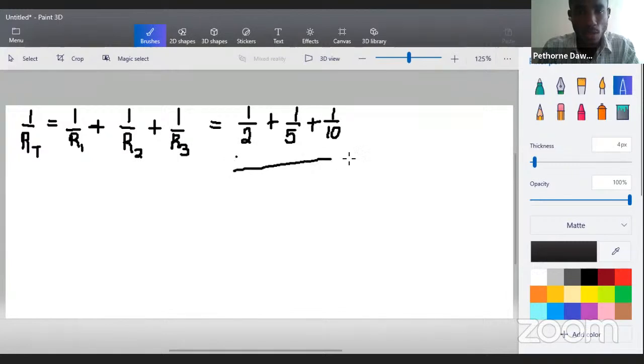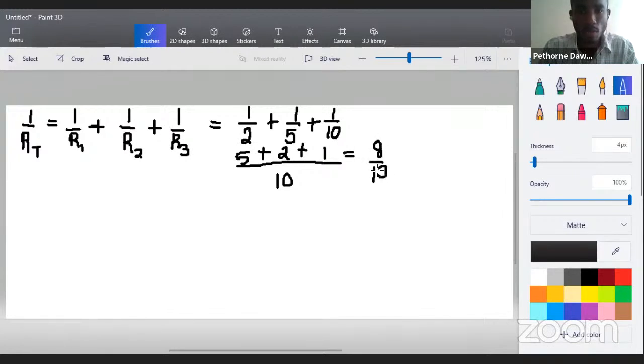All right. And we know we do the LCM. And the LCM here would be 10, because 2 can go into that, 5 into that, 10 into that. So 2 into 10 is 5. 5 into 10 is 2. 10 into 10 is just 1. So that's 5 and 2, 7 and 1, 8 over 10.